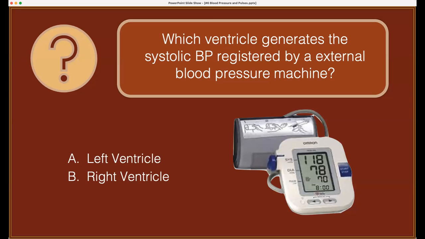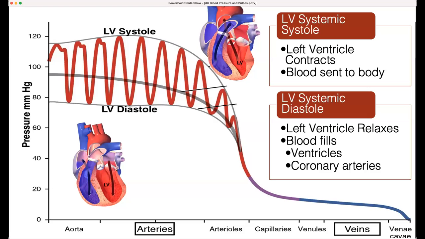Okay, so quick question again. Which ventricle generates the systolic blood pressure that's being registered by the external blood pressure machines, or with a cuff and a stethoscope? So the right ventricle or the left ventricle? The answer is the left ventricle.